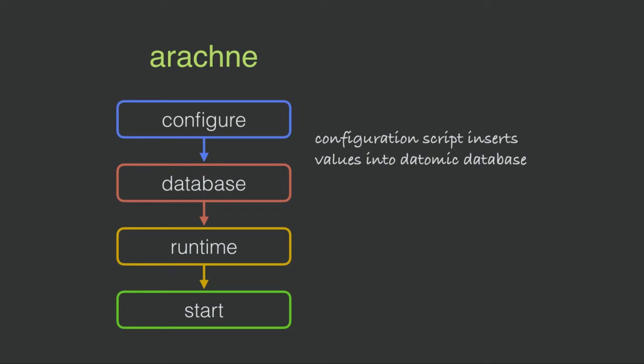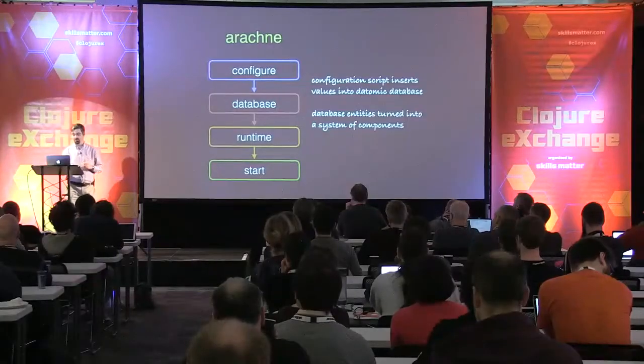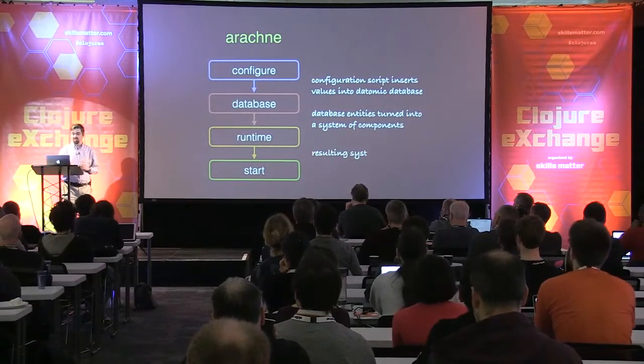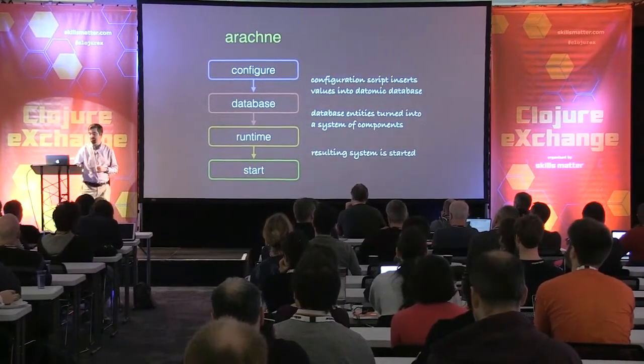These configuration scripts insert entities into the Datomic database. Then the database entities are turned into a system of components, using Stuart Sierra's component library, and it creates a running component system from the database entries in the in-memory Datomic database. Once it's got that, it starts the resulting system.